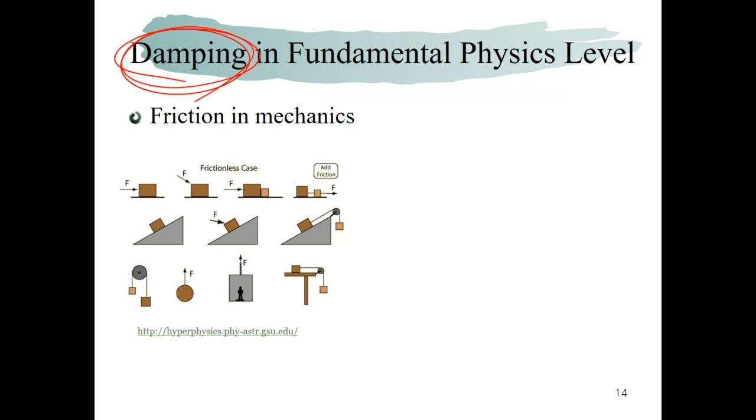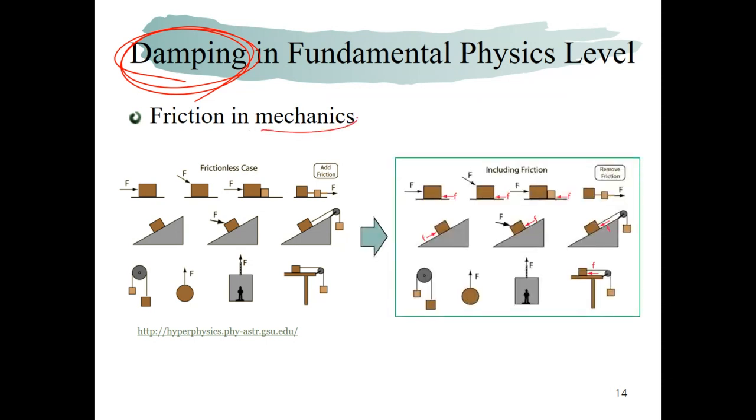Okay, so that's the damping part. In mechanics, when we learn about mechanics, we start with the frictionless case. If we have an acting force, then there is a motion. And there are many examples of the frictionless case.